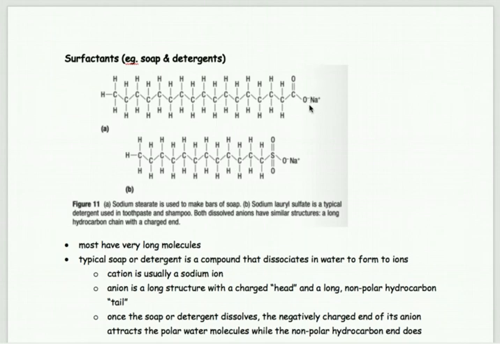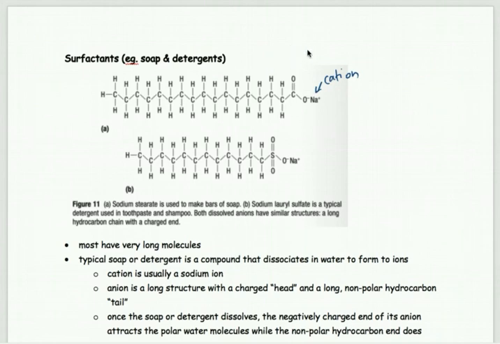Here we have sodium stearate and sodium lauryl. We have our cation here, sodium. Then the rest of it, the negative part, is the anion. We're just going to be looking at the anion now.